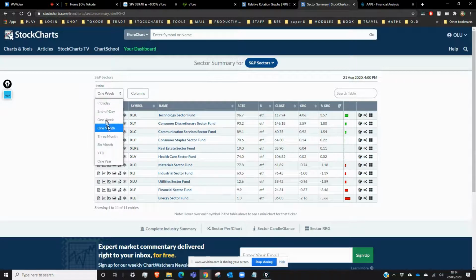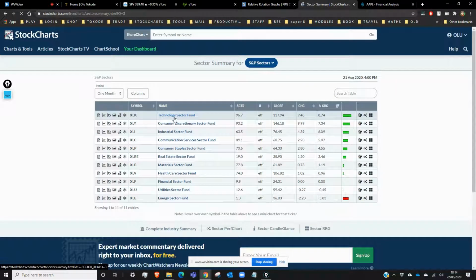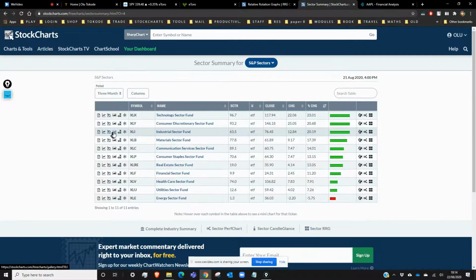Over a period of 1 month, it's still the same sectors. Technology number 1, discretionary number 2, industrial, which was number 1 last week, is now down to number 3. And if I go down to 3 months, it's still the same sectors: technology, discretionary, and industrial.